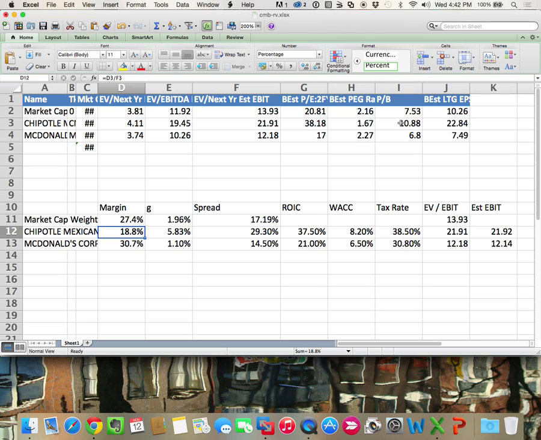That's right. And why would you pay more for the growth? Because you should have more spread and higher expected ROIC. All right, everybody clear on that? So basically that's why I said the PEG should tell us about the expected ROIC. See if that does that with McDonald's and Chipotle.